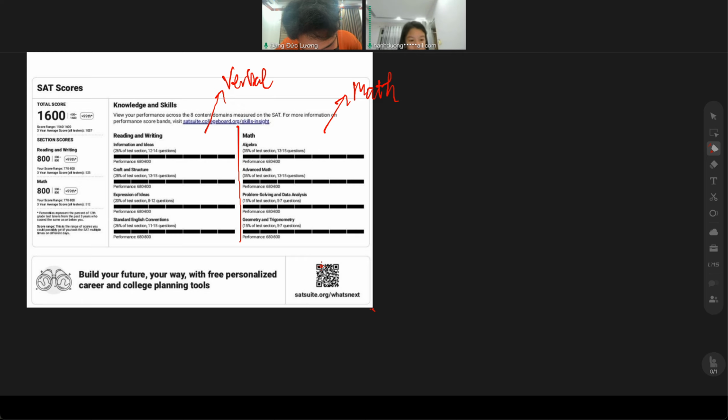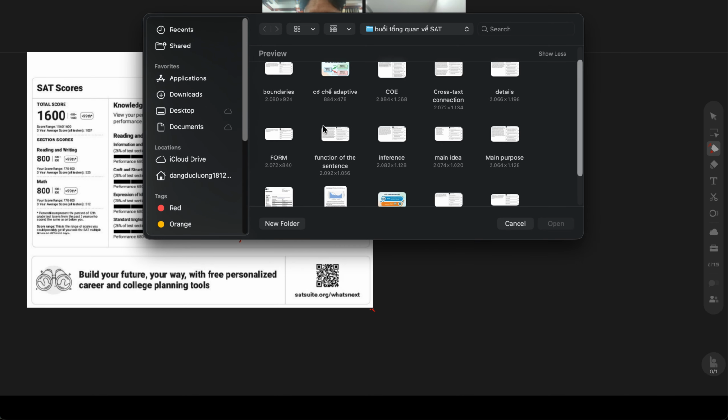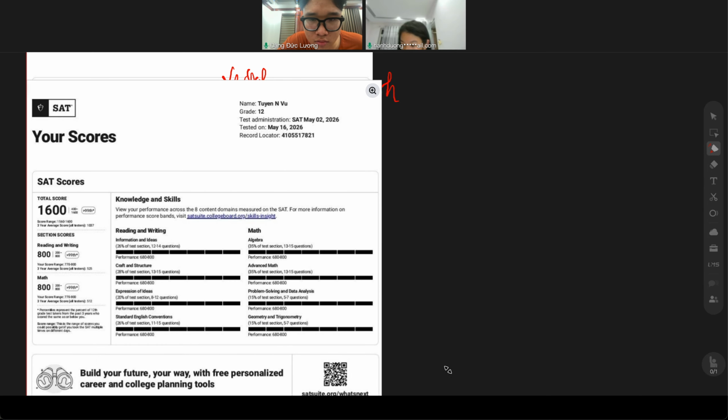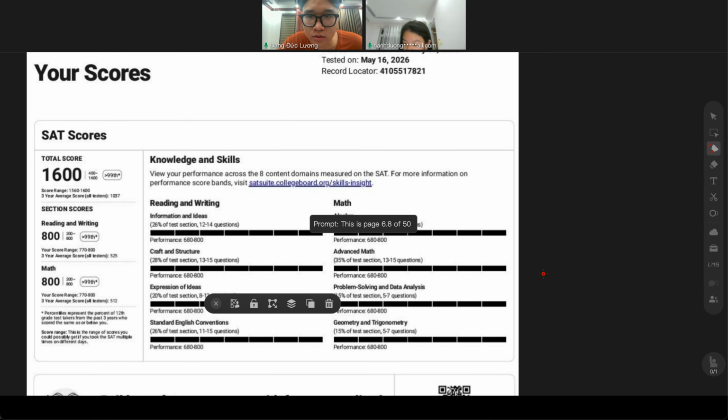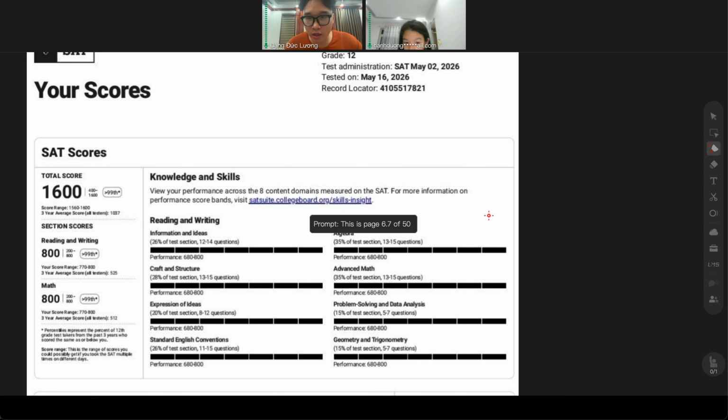I only see blank, I don't see anything. Okay, I will upload it again. Here, is that big enough? Yes, I can see. You can see the information and ideas here.